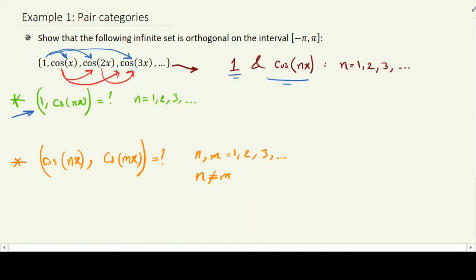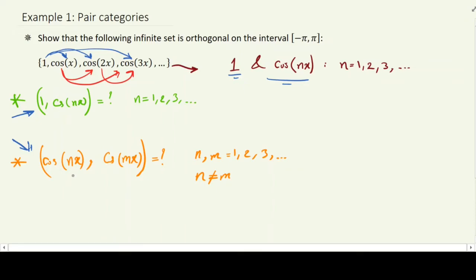So we have basically two scenarios. The first one is the case that you have 1 as one of the functions, and the other function is coming from the cosine nx family. And the second scenario is that both of the functions are coming from this family of cosine nx. But be careful, the two functions that we pick are going to be distinct, because we want to see if those two distinct functions are orthogonal or not.